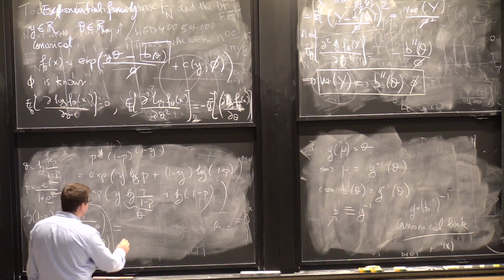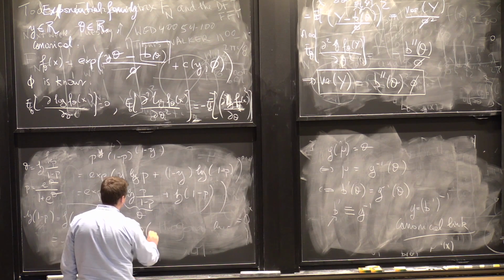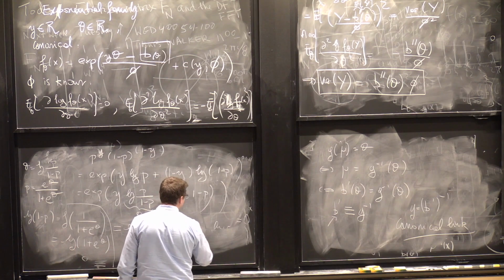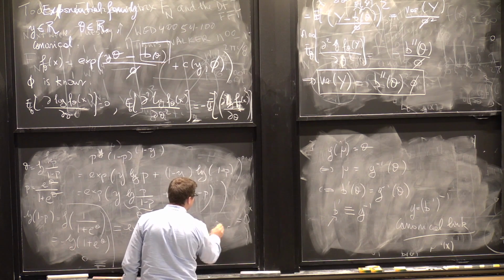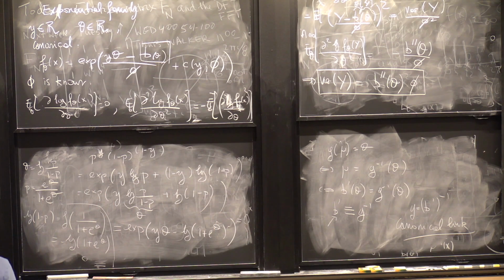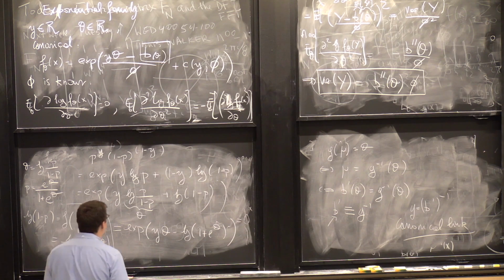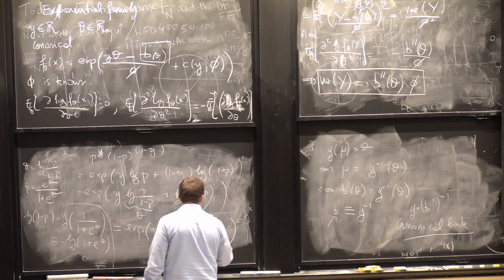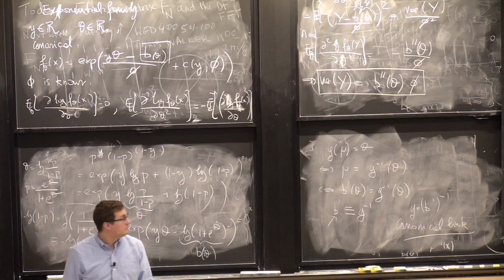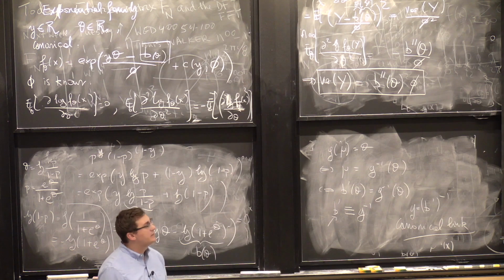And then what you have is the exponential of y times theta, and then I have minus log 1 plus e to the theta. OK, so this is the representation of the PMF of a Bernoulli distribution as a member of the canonical exponential family. And it tells me that b of theta is equal to log 1 plus e to the theta. That's what I have there.